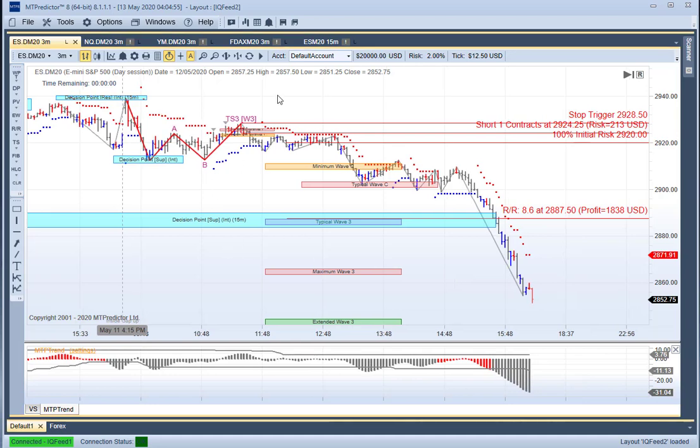But either way, it showed you that you're anticipating in advance, and as you can see, that's exactly what the market did, making a W3 or wave 3 trade setup there to have you in a potential short trade to take advantage as the ES declined a bit later in the day. So a great example of using the tools in MTPredictor to anticipate in advance areas where markets are making a reversal, and then to take advantage as that reversal unfolds.